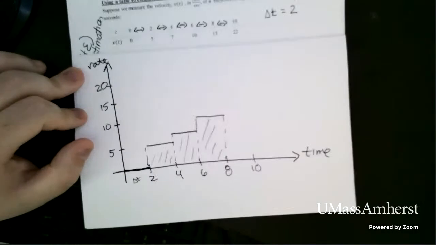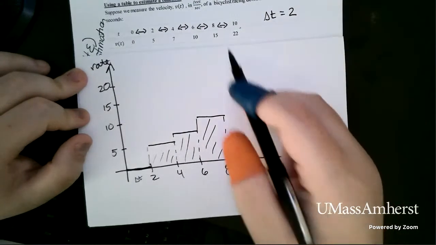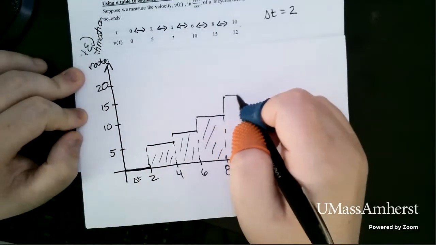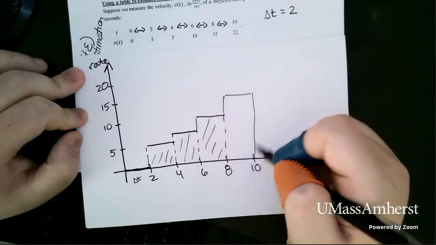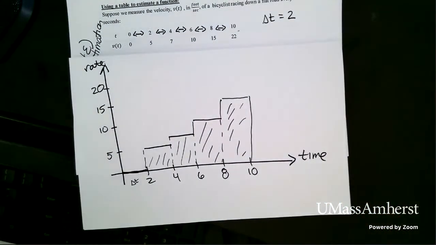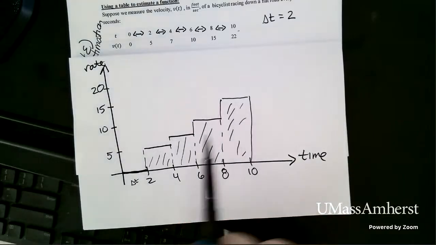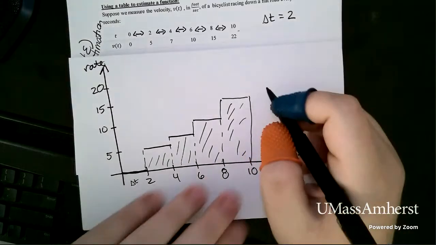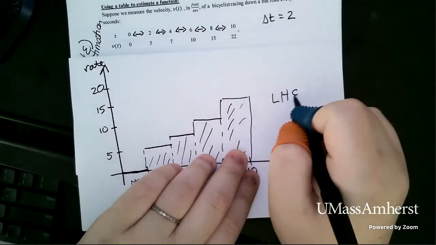Okay, so again, we generate this rectangle, and then from 8 to 10, we have 15. Right? So these are our approximations. By picking a constant rate for that time interval, it generates these rectangles, which are areas that we know how to find. Now, this was a left-hand estimation.